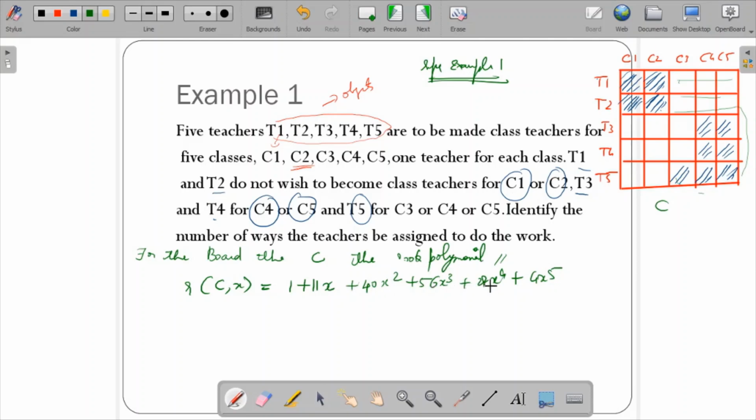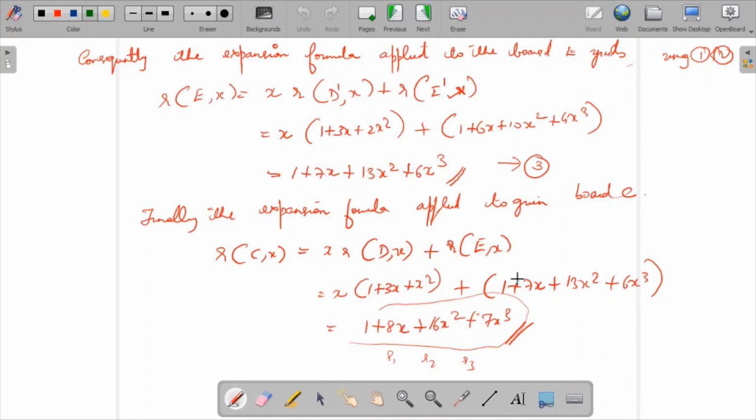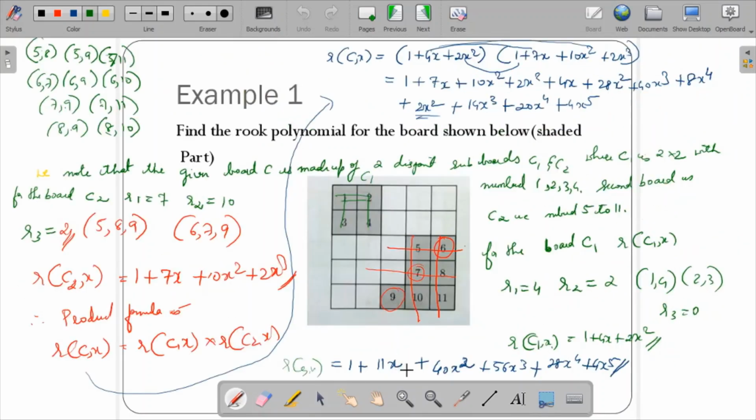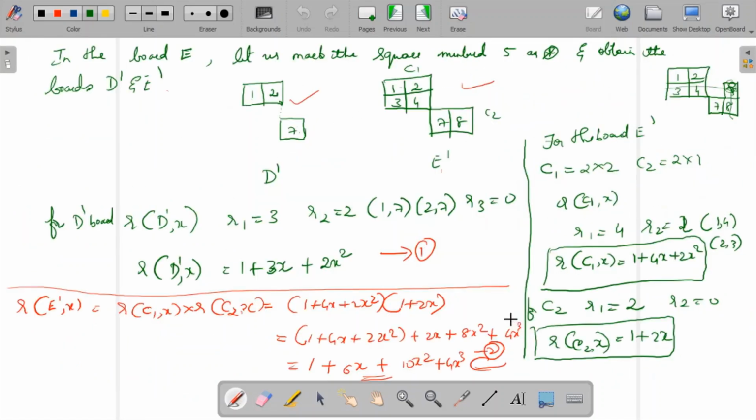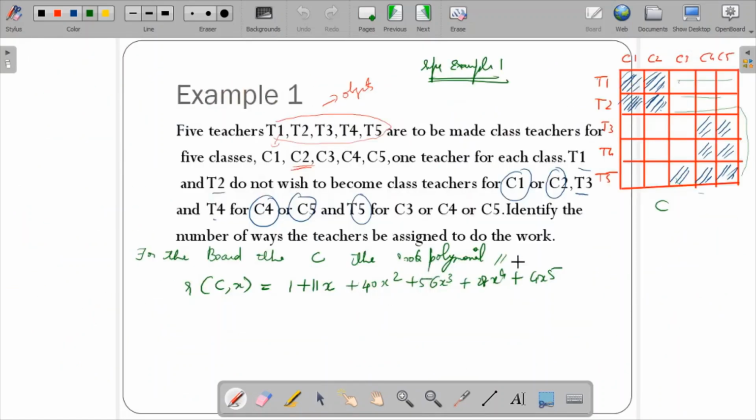You can refer here and check: same 1 plus 11x, 40x square, 56x cube, 28x4, 4x5. You have to solve this entire problem and get this. I have just mentioned it because I have already solved it over there.